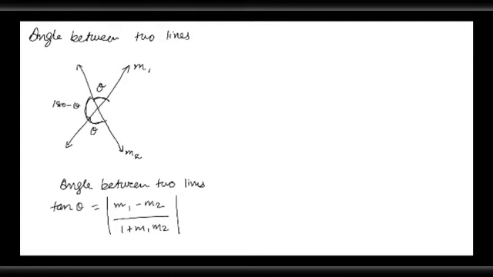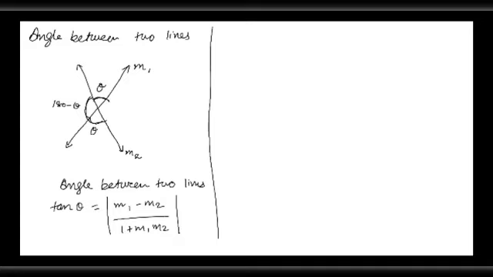So you can see that if you are interested in finding the angle between the two lines, you should know the slope of the two lines, right? This is how you will find the angle between two lines.